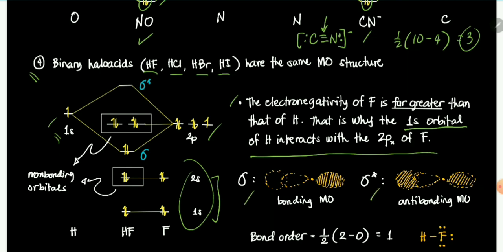So makikita natin na meron tayong bonding molecular orbital between the s and the p, and meron din tayong antibonding orbital as well. So makikita natin dito, meron tayong sigma and sigma star. Okay? So yung 2py at 2pz, hindi sila makakapag-bond sa s orbital kasi magkakaroon ka ng net zero na interference kasi kalahati ay constructive, kalahati ay destructive. So malalaman nyo yan kapag pumunta kayo sa higher chem.